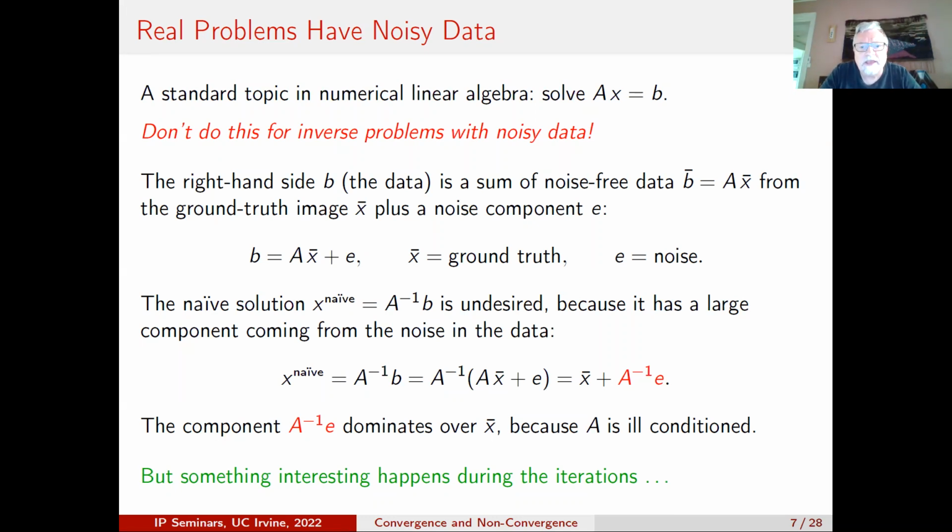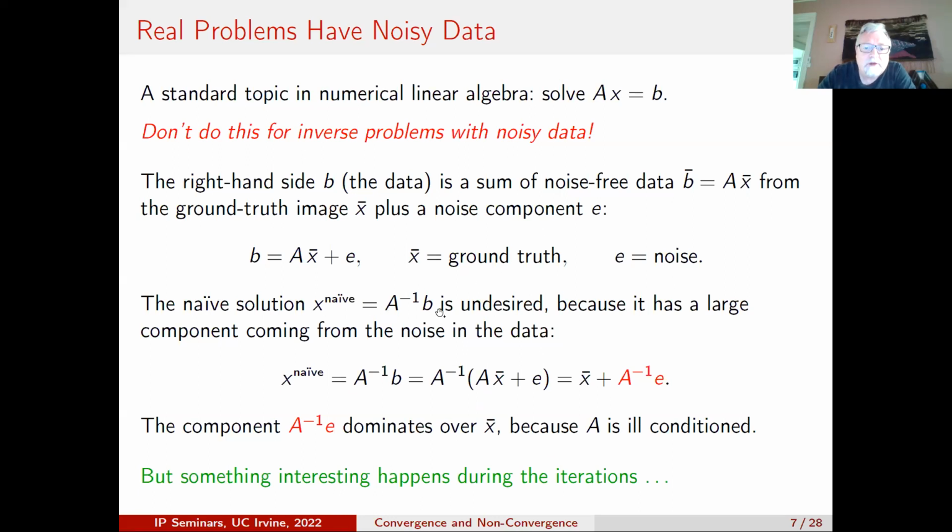So here's my notation. Oh, this is a busy slide. Essentially, my measured right-hand side is some true data here coming from a forward projection of the ground truth image or the exact image. And then on top of that, I have the noise, right?